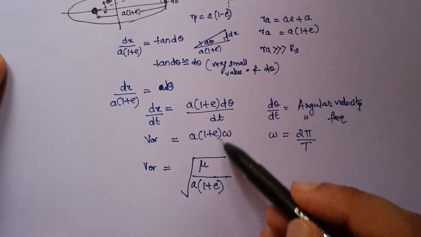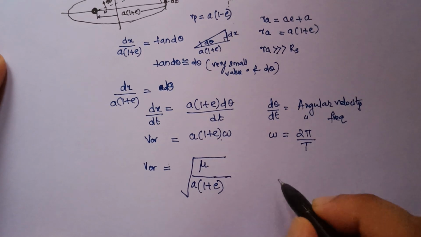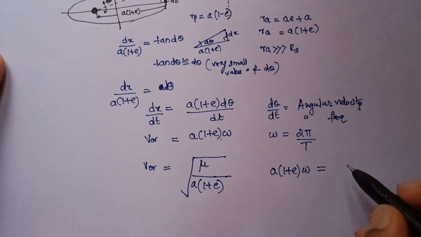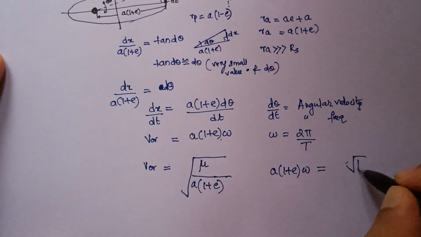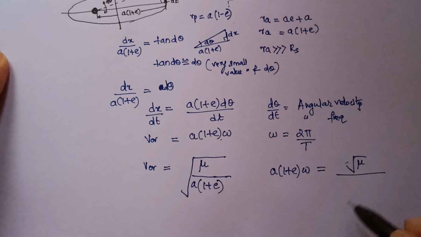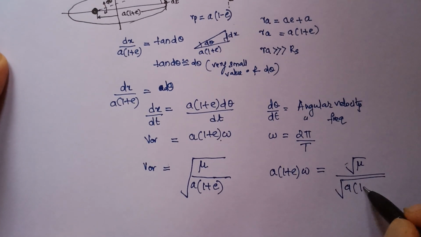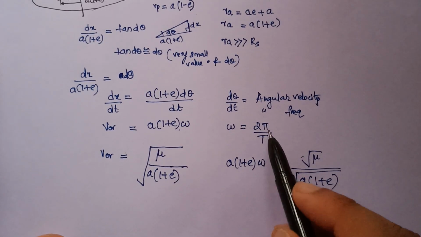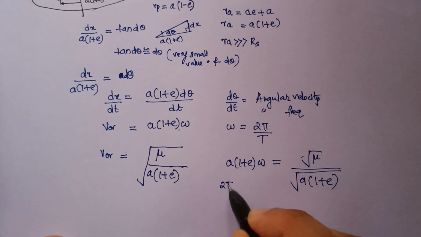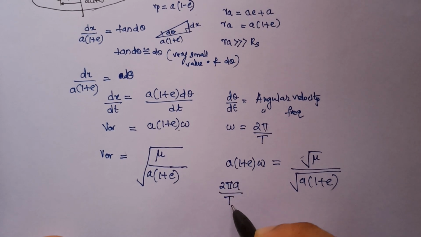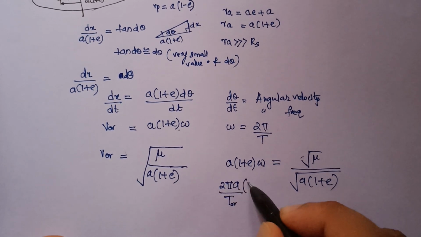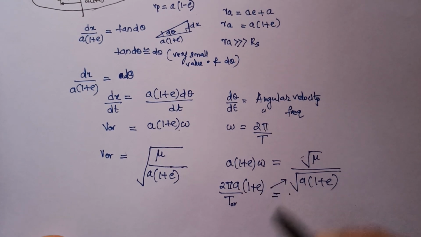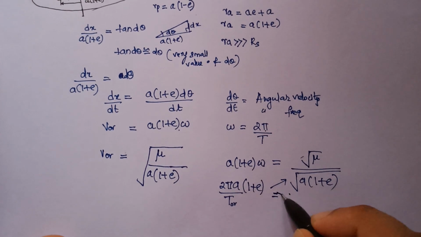Now we equate the two equations. So I can write a into 1 plus e times omega, which is equal to, I'll split the roots so that it will be clear, root of mu times root of a into 1 plus e. Omega is basically 2 pi by T, so substitute accordingly: 2 pi a divided by T, where T is the orbital time, into 1 plus e, and that should give again this expression.